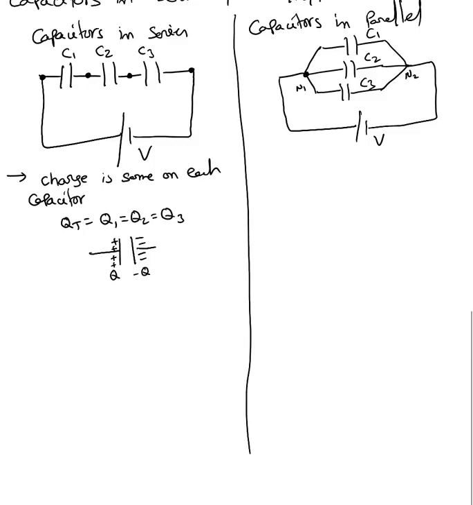When it comes to parallel, charge division takes place. So Q total equals Q1 plus Q2 plus Q3. The charge is going to divide into 3 parts. Now, when capacitors are in series, voltage division takes place.